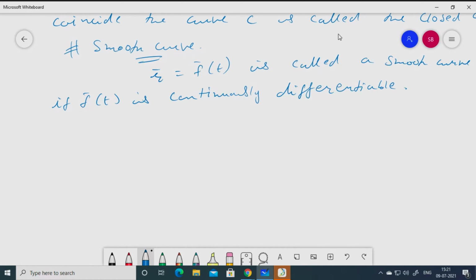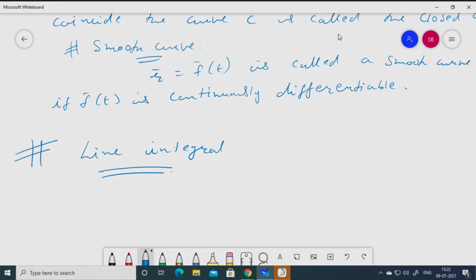Now let us define our line integral. What do you mean by line integral? That means you are going to integrate something, but you should be given a region. Some curve should be given to you on which you have to integrate. So the first one out of 3 integrals is the line integral. Let us see how you will define this.